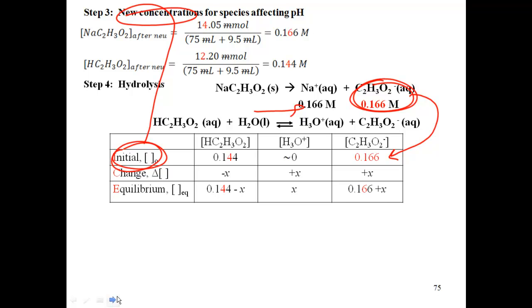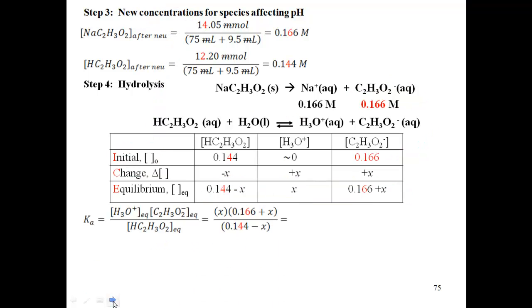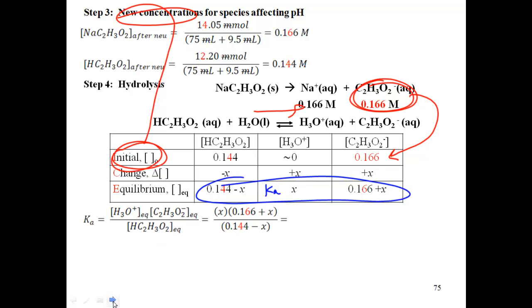Next question. How are these related through the way we wrote this? We wrote this as an acid hydrolysis, therefore it's a Ka. So I have my hydronium ion times my acetate divided by my acetic acid, which gives me X for hydronium, 0.166 plus X for my acetate, and 0.144 minus X for my acetic acid.